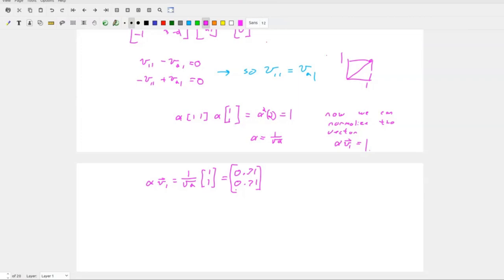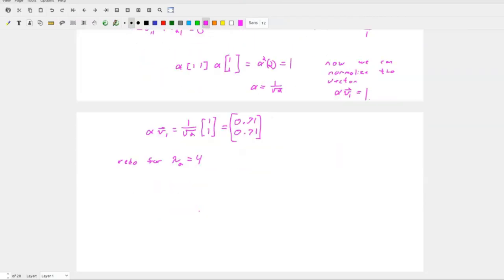We can follow a very similar process now. So redo for lambda 2 is equal to 4, right? And that leads us to alpha v2 is equal to 1 over the square root of 2 times negative 1, 1, which is equal to negative 0.71, 0.71.